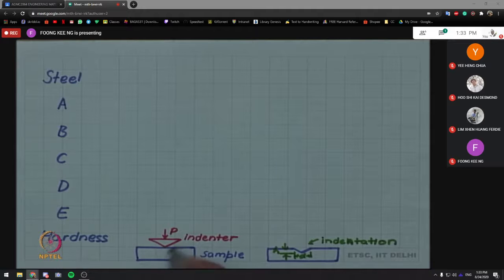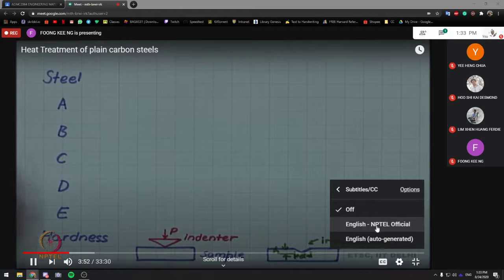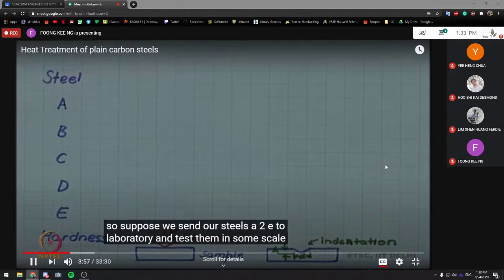And depending on what shape of indenter we use, conical indenter or pyramidal indenter or spherical indenter and so on, and what load we use, different kinds of hardness scales have been developed. So suppose we send our steels A to E to laboratory and test them in some scale.